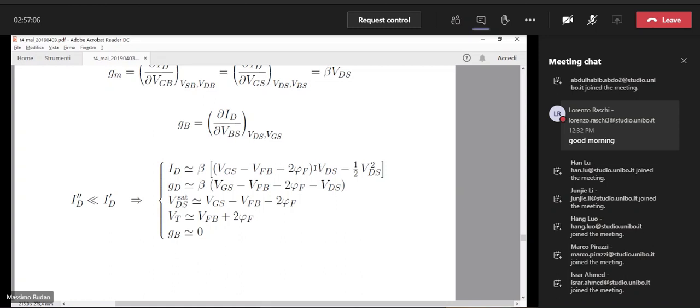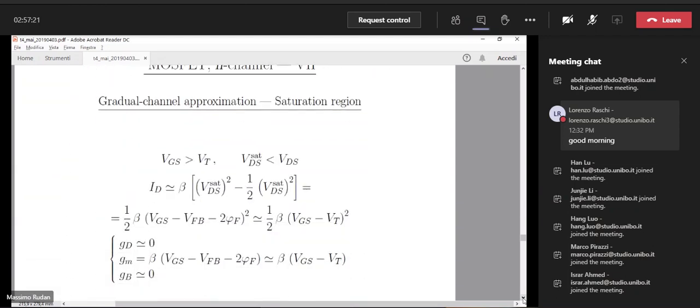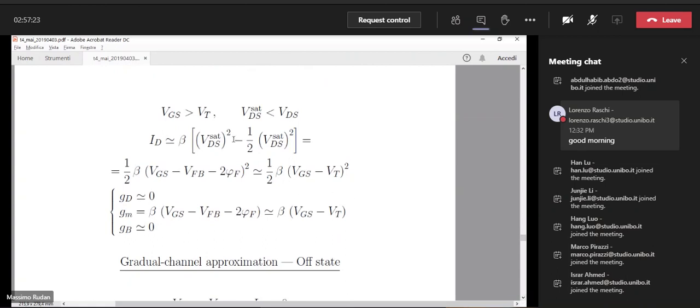Okay, so when we replace VDS with VDS sat, we have VDS sat squared. And then we have minus 1/2 VDS sat squared. So by this replacement, we obtain 1/2 beta VDS sat squared.